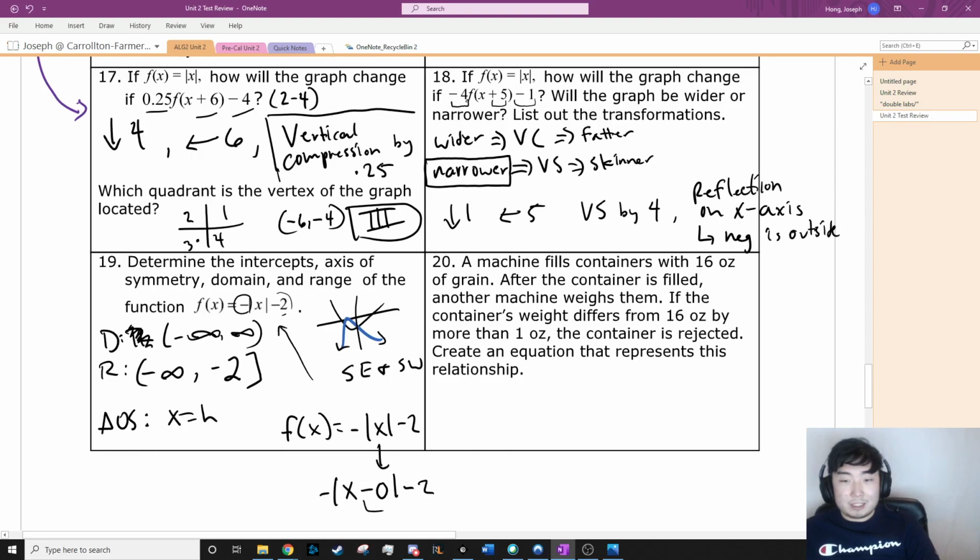This part right here is understood, as in I don't need to write this down. But this right here, that's my h. So what this turns into right here is x equals 0.